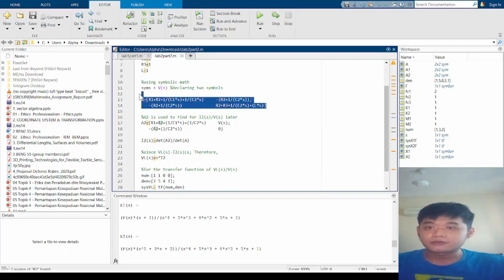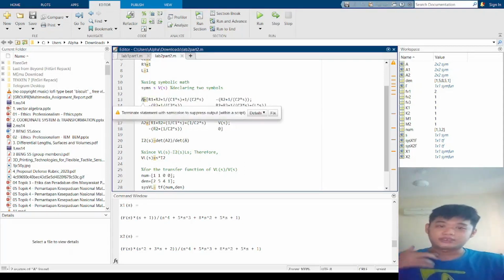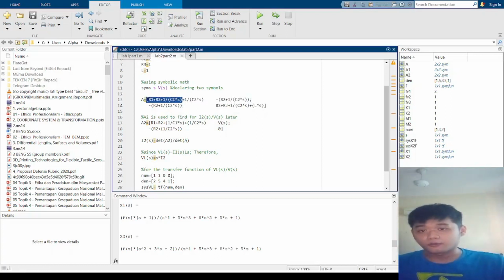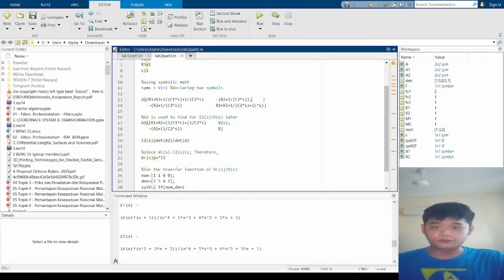Then from the first equation, we're going to get the A, which is the same thing for the normal matrix. We're going to get the R1 plus R2 plus R plus 1 divided by C1s plus 1 plus 1 over C2s. Then same, we can basically just get all this matrix from the calculation part and put it here, and don't forget to put the semicolon to break it into the second row to get the 2 times 2 matrix form.